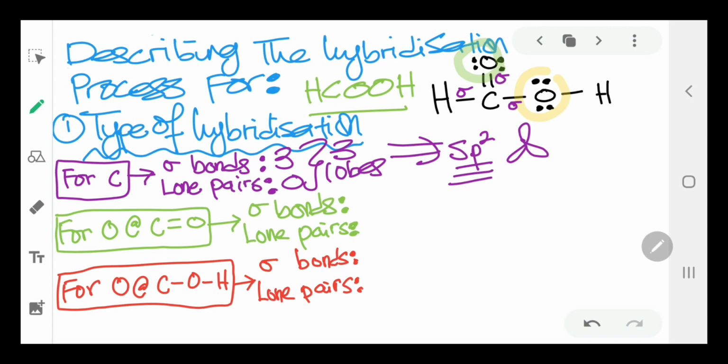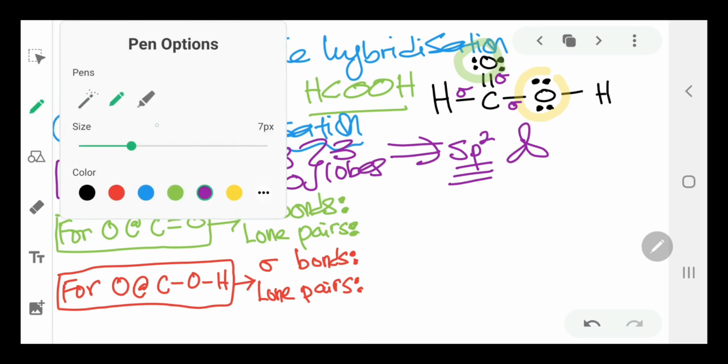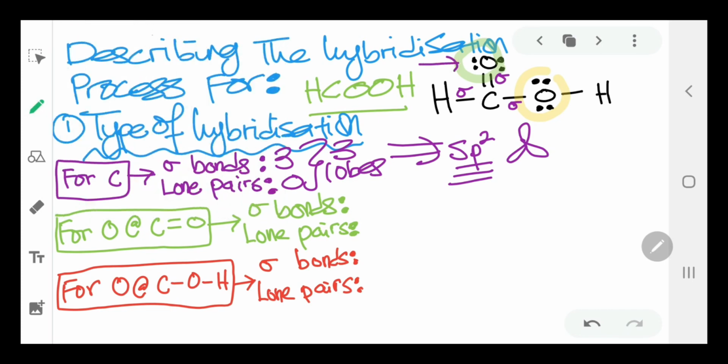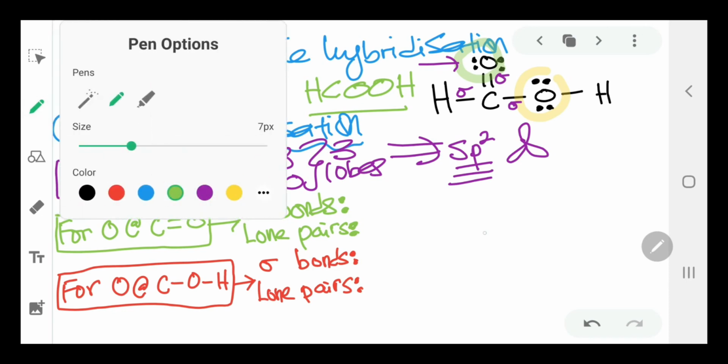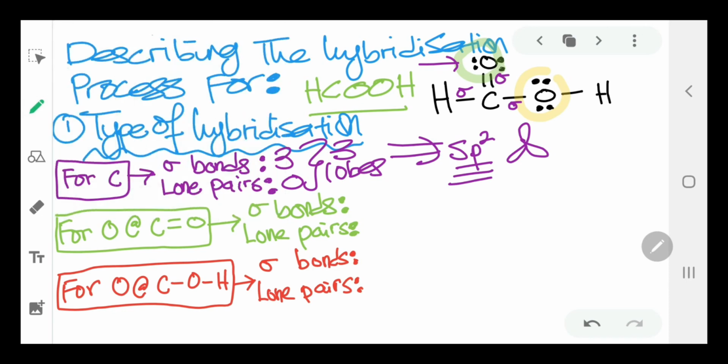And then when you look at the oxygen at C double bond O, you have 1 sigma bond, and then it has 2 lone pairs.